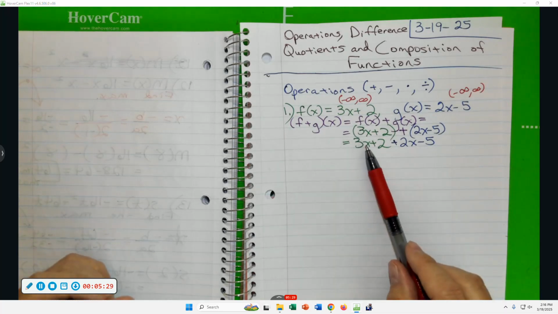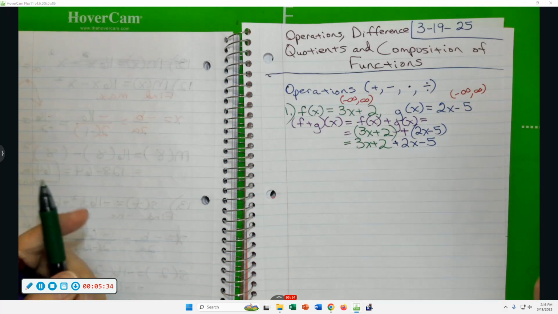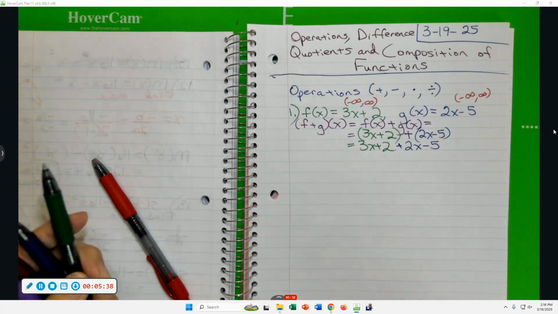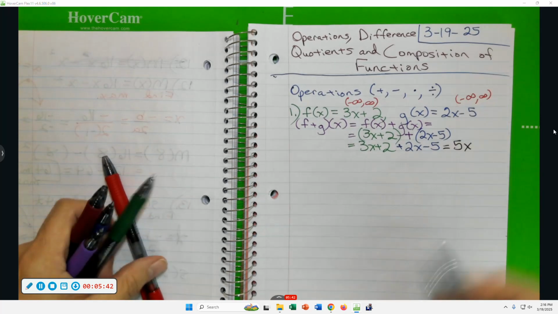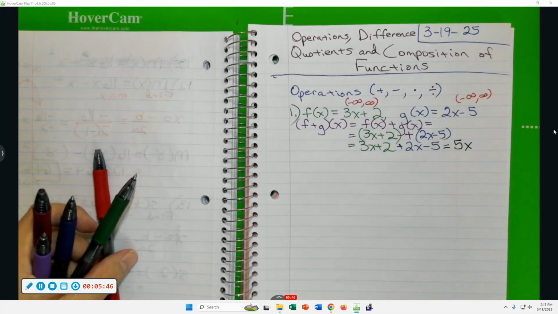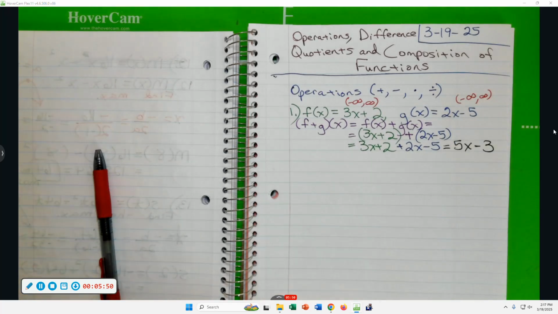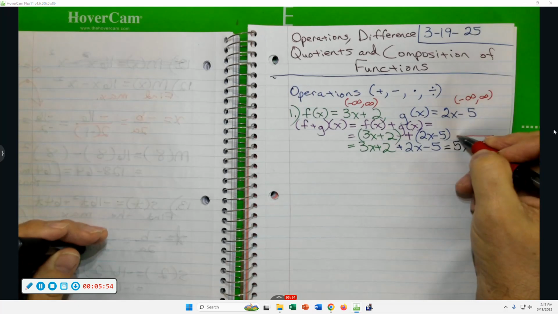You know how to add these things. It's combining like terms. 3x plus 2x gives me a 5x. And then my constant terms, I have a 2 minus 5, that gives me a minus 3. Any questions there? So the answer for f plus g is 5x minus 3.